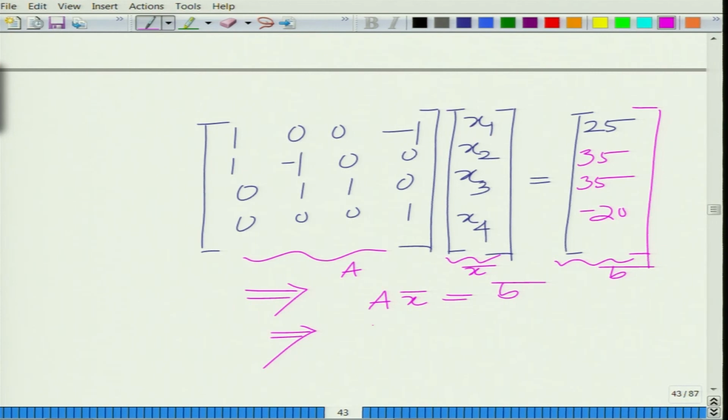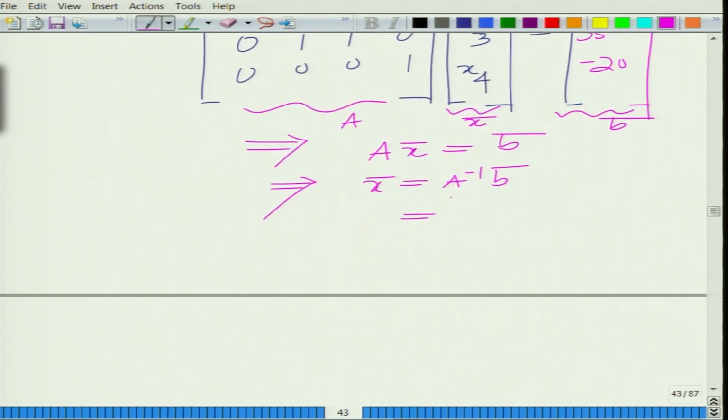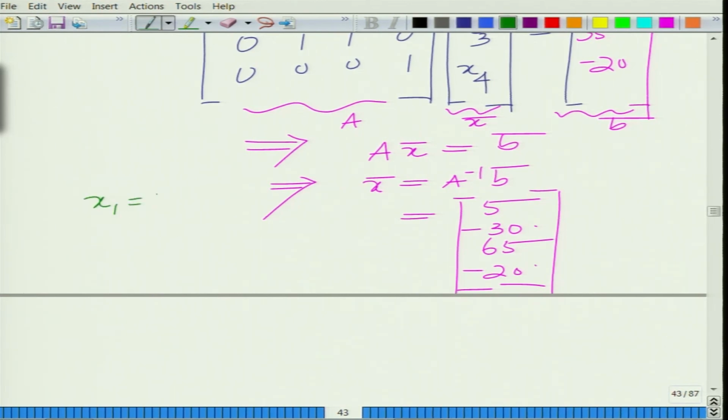This implies that x bar equals A inverse b bar, and if you solve this system of equations, you will find that the solution is basically 5, minus 30, 65, minus 20, all right, and therefore, we can determine the traffic flows as x1 equal to 5, x2 equal to minus 30, x3 equal to 65, x4 equal to minus 20.